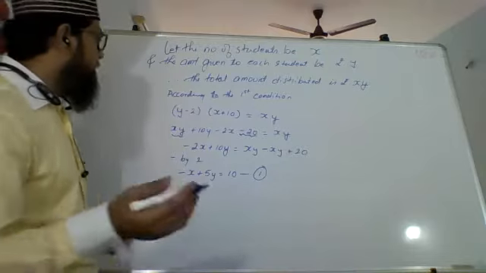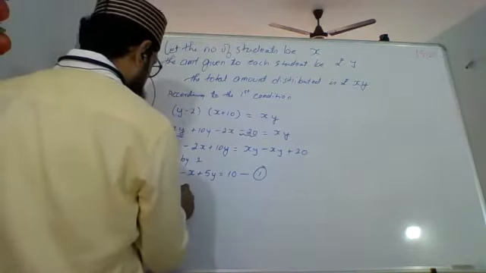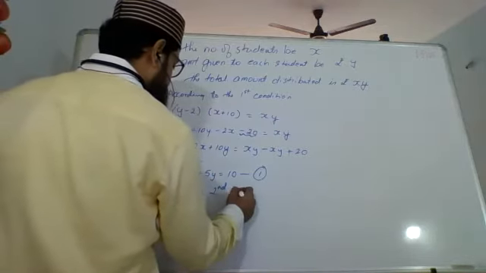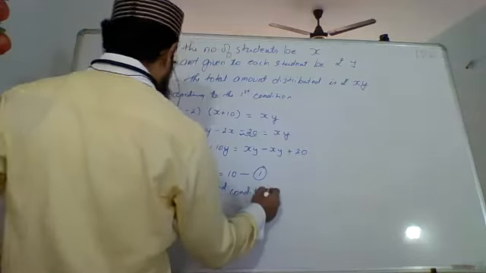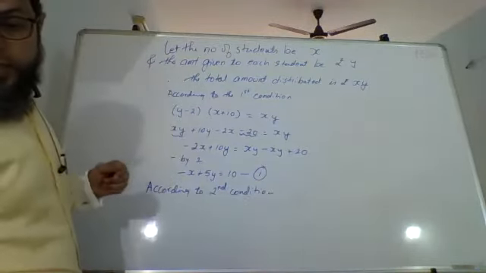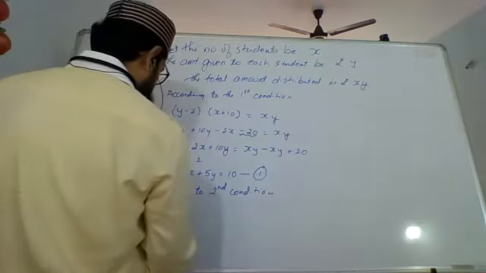Then according to the second condition, what happens? Each would get rupees 6 more if the number of students were 15 less.